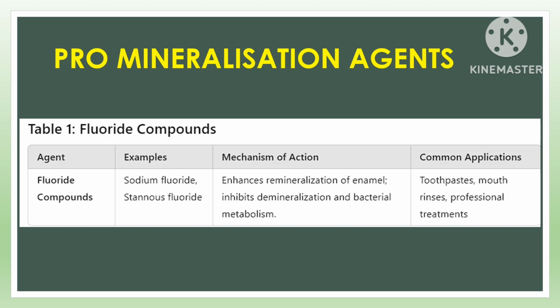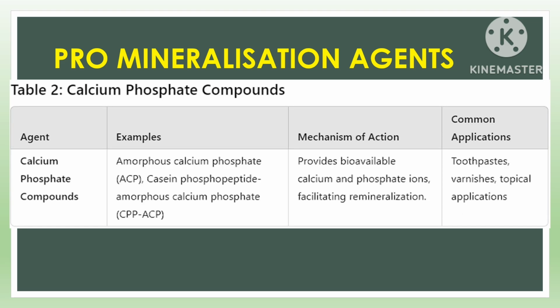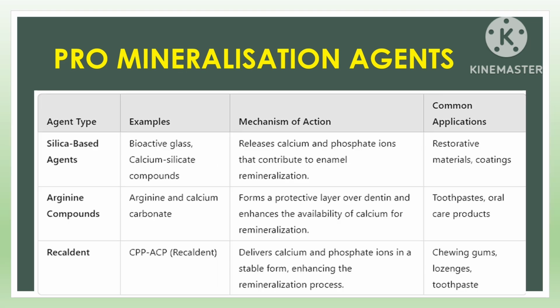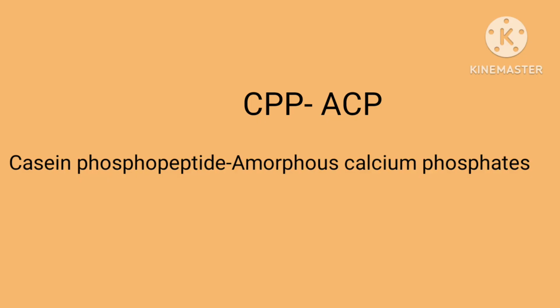In this, nanohydroxyapatite is a great example. It mimics the natural mineral structure of the teeth, filling in and repairing areas of demineralization effectively. Then another is Recaldent. This formulation contains CPP and ACP, and it releases calcium and phosphate to enhance remineralization, particularly effective in preventing caries.